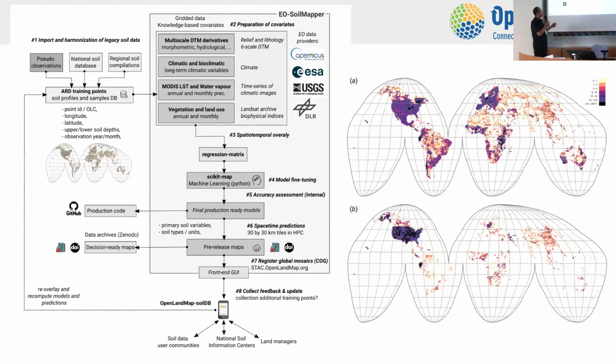We call it EO Soil Mapper, because the framework is mainly based on data from Landsat. So Landsat archive biophysical indices. We also have climatic time series data, and we have this 6 scales DTM from the previous presentation by Yufeng. So these are the main inputs.